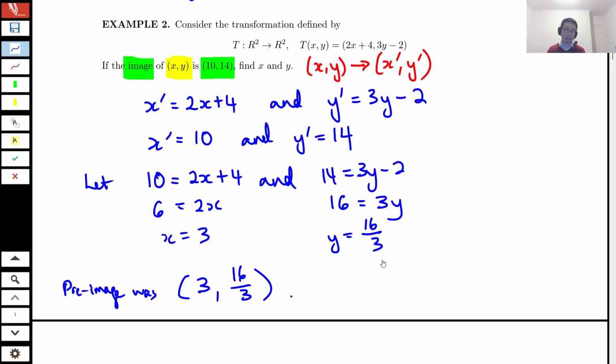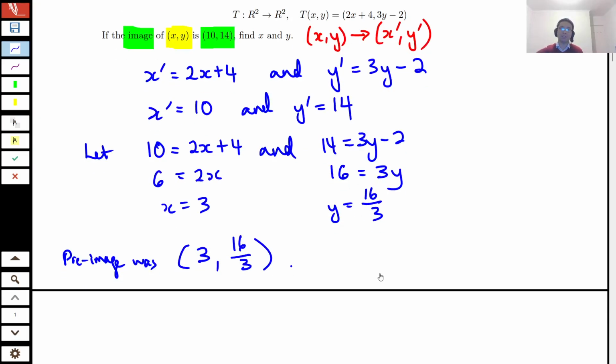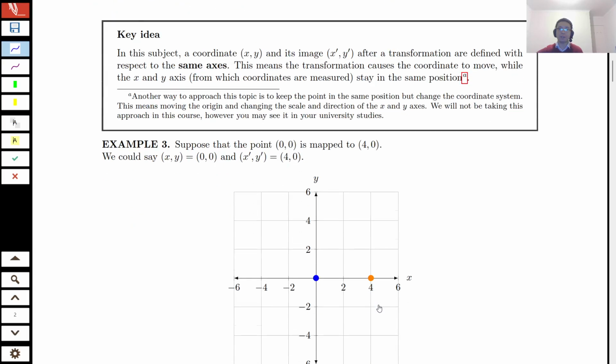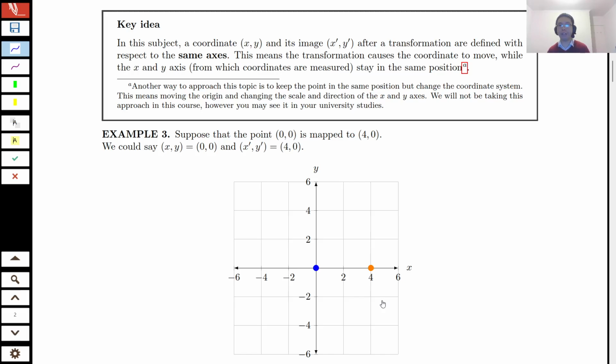It's like a function. I can go forwards and backwards. Now what I want to do is take this notation and define the three transformations: translations, reflections, and dilations. So turn the page. Go to one more page of quick theory, and then we're about to get into it.